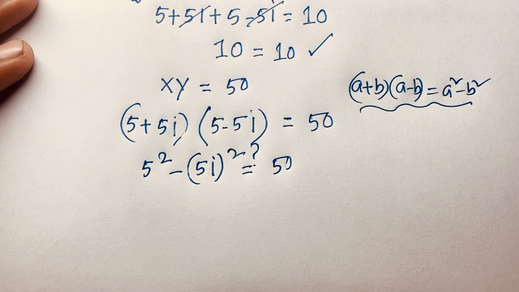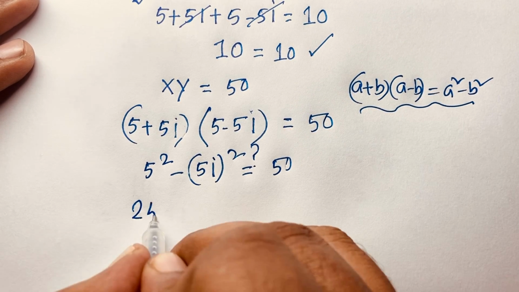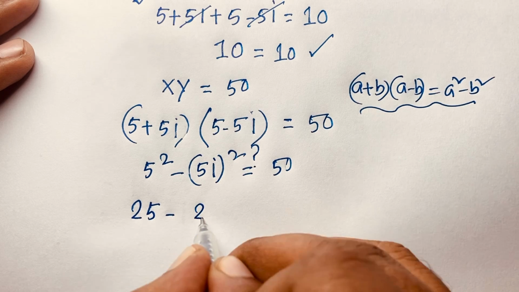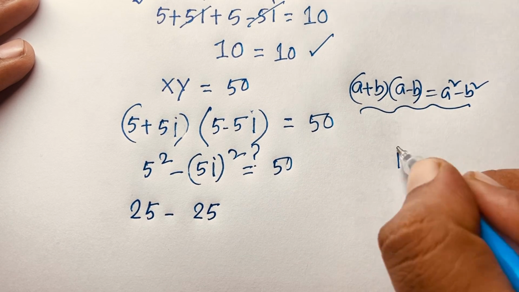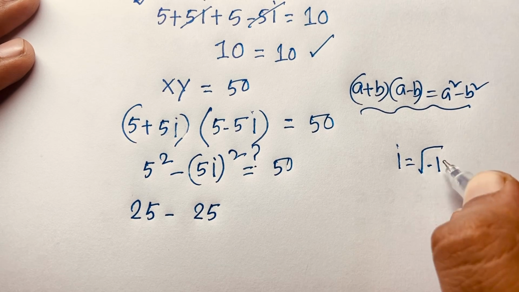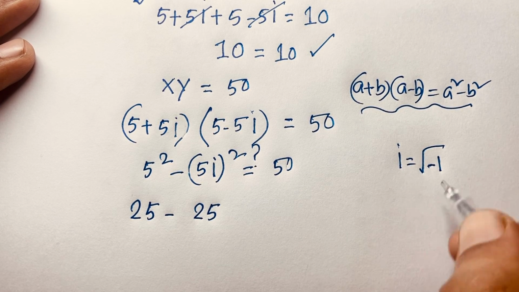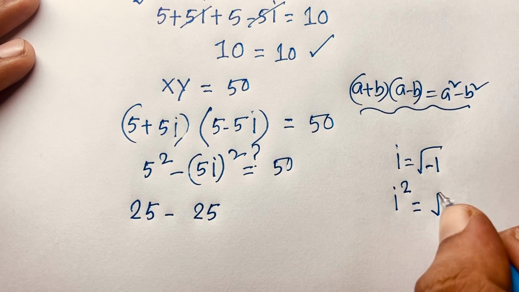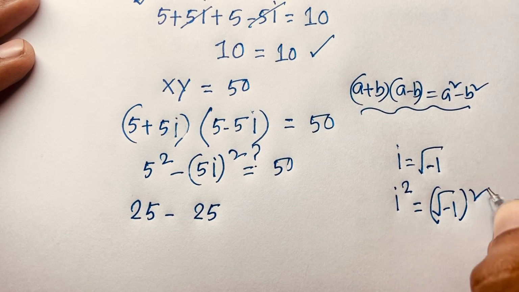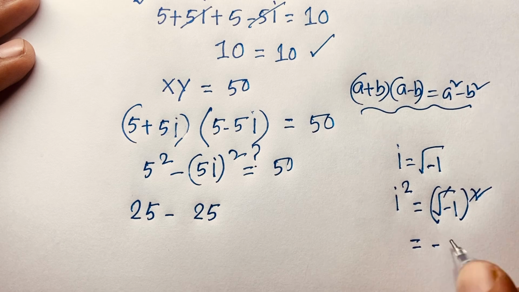Now at this moment, you know that 5 square, it will be 25, minus 5 square, it will be 25, and i squared is equal to what? So you know that i is equal to square root of minus 1, and if I use both side whole square, so i to the power 2, it will be square root of minus 1 whole square, then the square root is cancelled, we will find out minus 1.